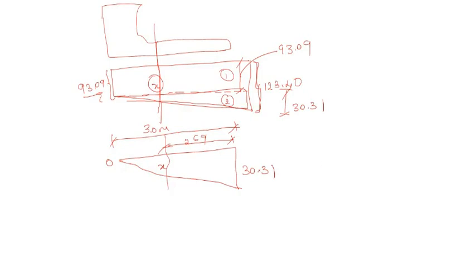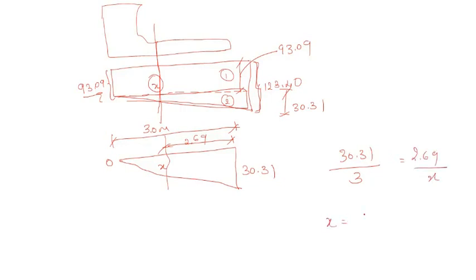By similar triangle you will get the value of x: 30.31 upon 3 equals x upon 2.69.